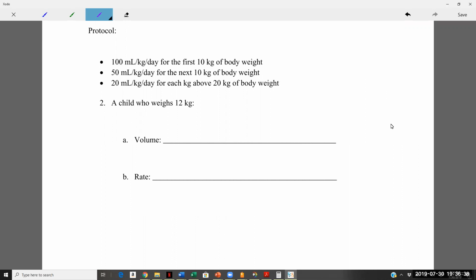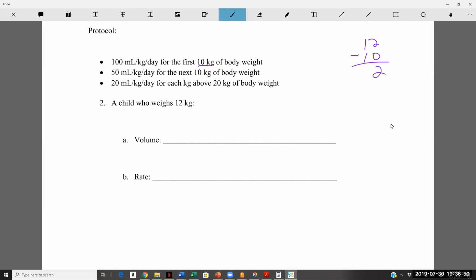Our next patient weighs 12 kilograms. So here's our 10. We know the patient weighs more than 10 because we take the patient's weight, 12, subtract 10, and we're left with a positive number, 2. All right, but our number that we're left with is not still greater than 10, which means we've made it through the first tier and we get into the second tier.